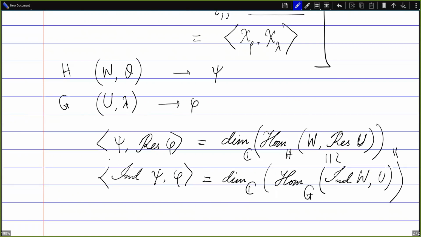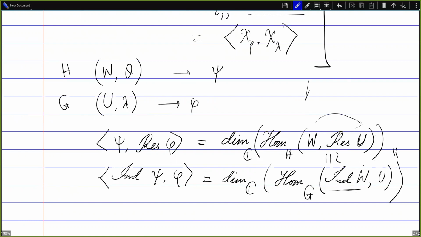In view of the previous observation, this is the dimension of the space of all H invariant linear maps from W to U, and since U is a representation of G, every H invariant linear map extends to a G invariant linear map from the representation induced by W to U. Sending every map to its extension establishes a linear isomorphism between these two linear spaces.